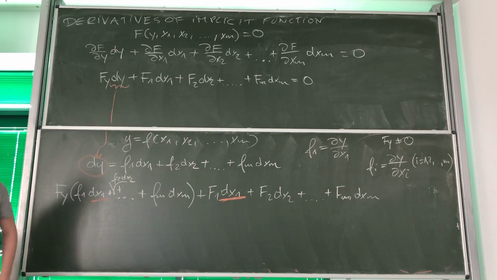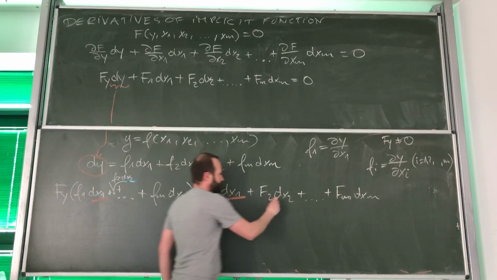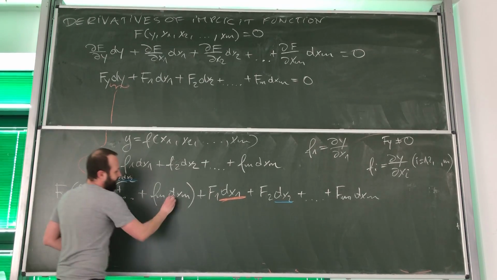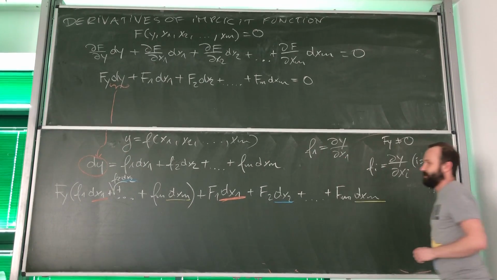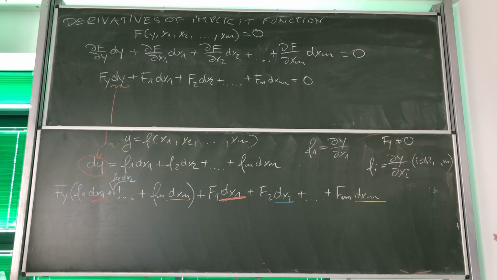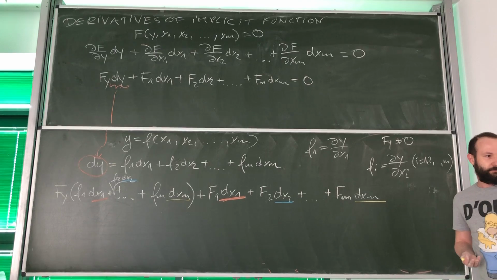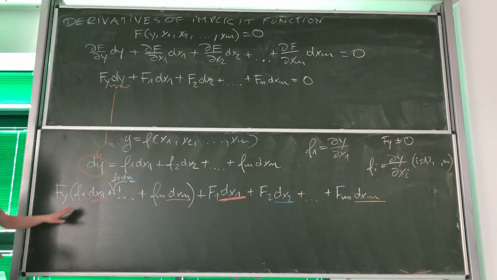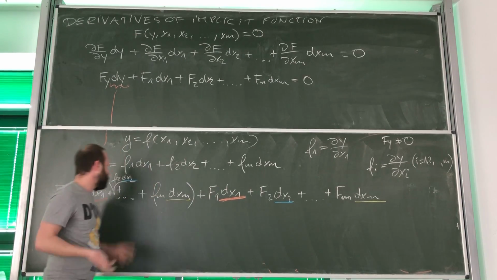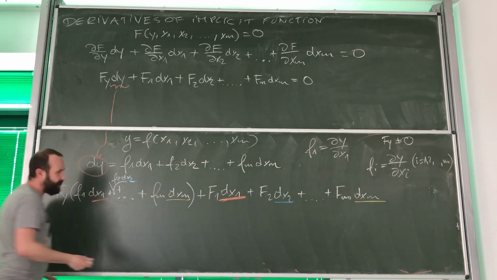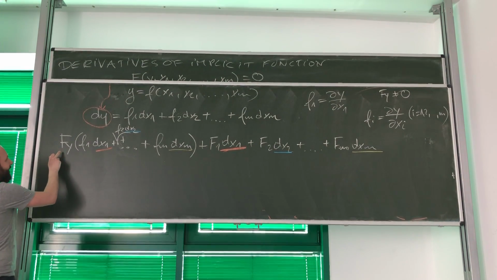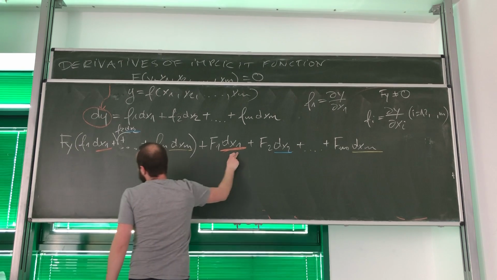So we will have dx2 over here, dx2 over here, and then we will have dx3, dx4, dx5 until dxm and dxm. If this is the case, why not just reorganize it in such a way that all the expressions with dx1 are together, dx2 are together, dx3 and until dxm are together. So we need to combine this and this.